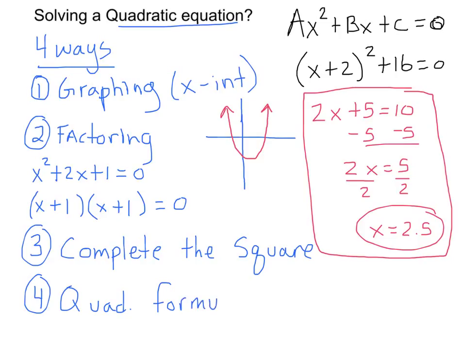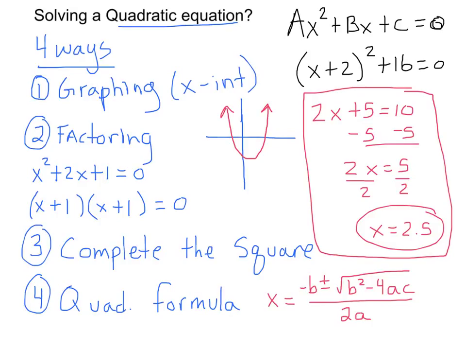And you'll just have to memorize this formula. I'd encourage you to go on YouTube and just type in like quadratic formula song and watch a few of the songs. The quadratic formula is x equals negative b plus or minus the square root of b squared minus 4ac, all over 2a.